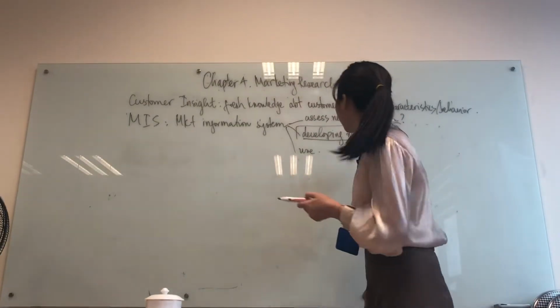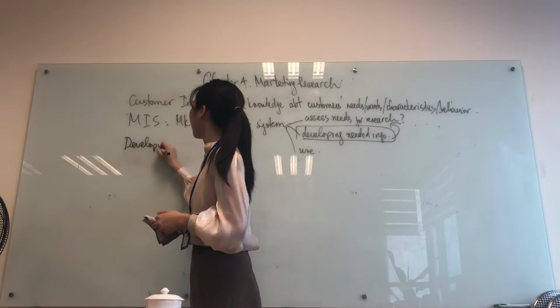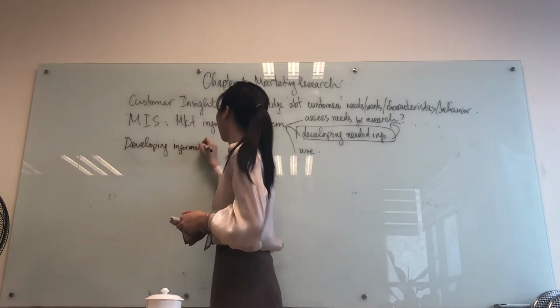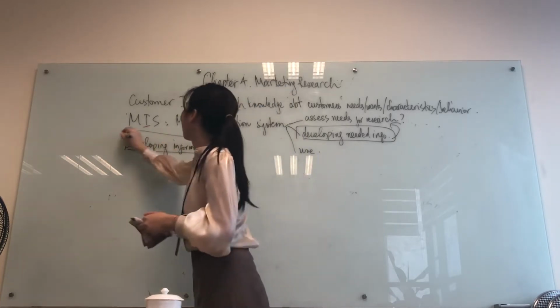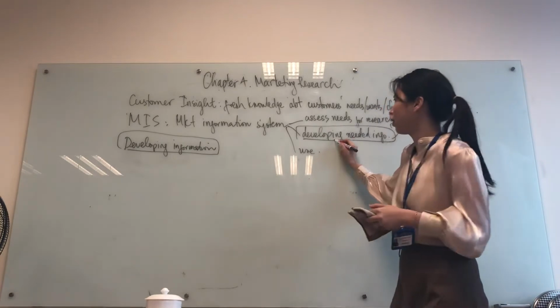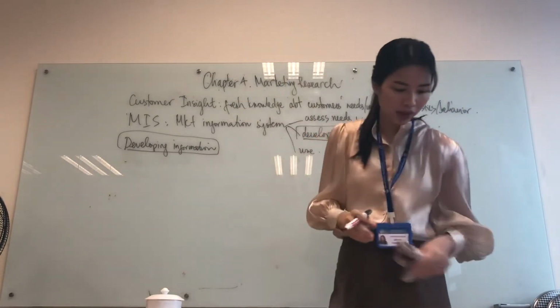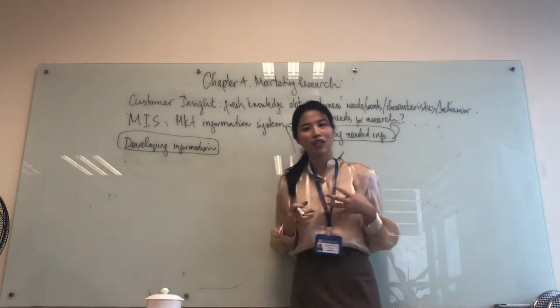All right. So let's see. Now, in here, developing information. I will put it here like this, so it's easier for you to follow. All right, it's the same one. Now in developing information, what kinds of information can we develop?